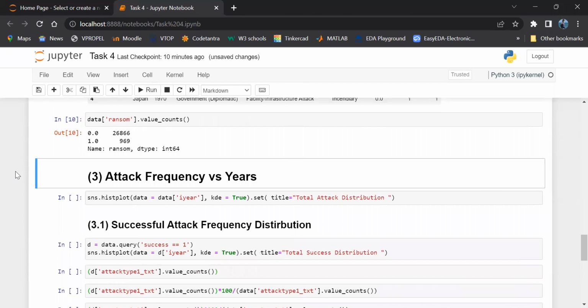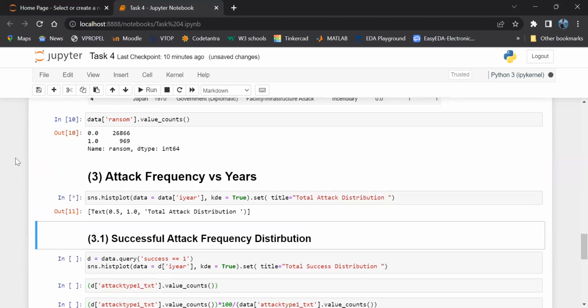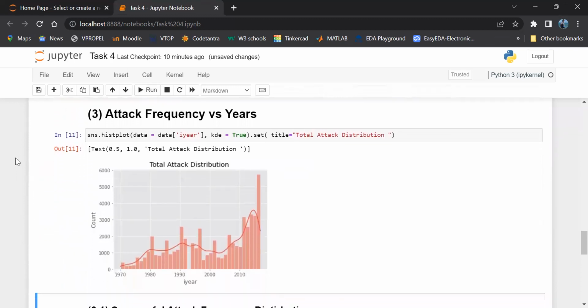Now we have done all the data cleaning. It's time to ask a few questions about the data and start the exploratory analysis. First, we'll start by seeing the attack frequency versus the years. I'm plotting this data using a seaborn histogram plot.